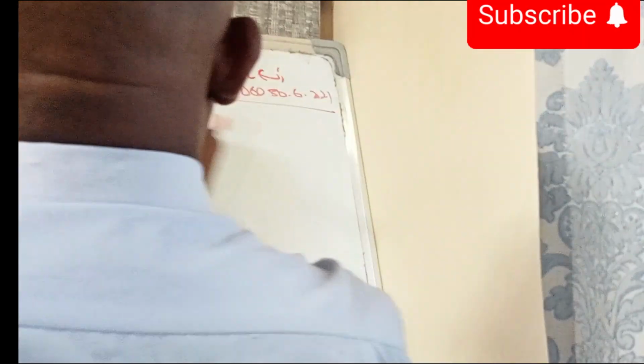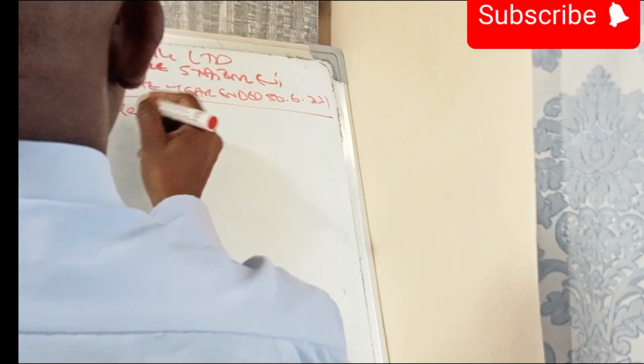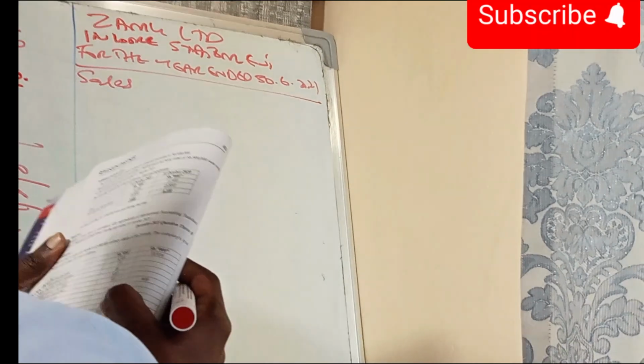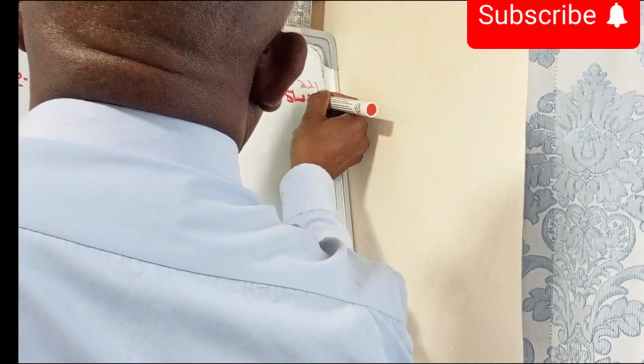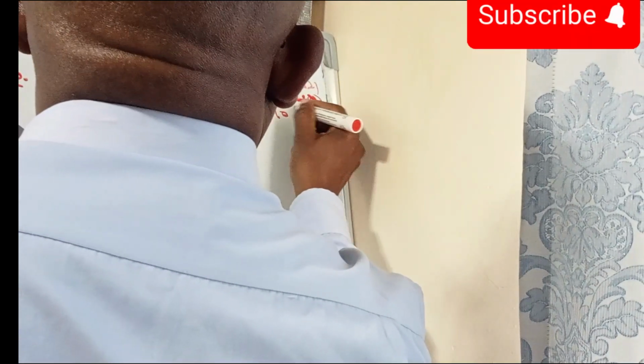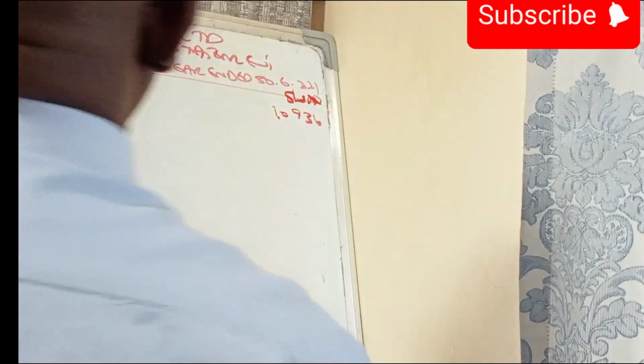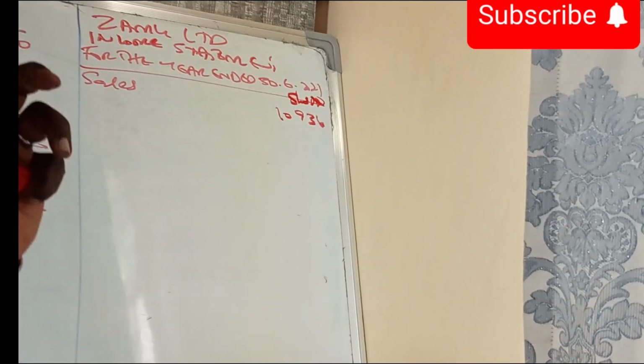So our sales from the trial balance is 10,936 shillings in thousands. 10,936. Have your format in your mind.